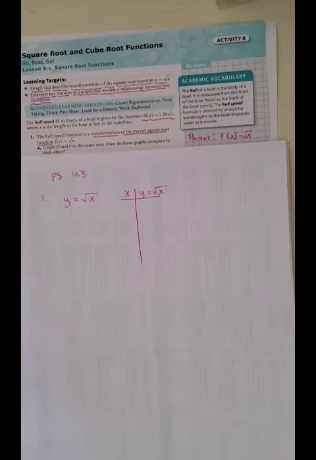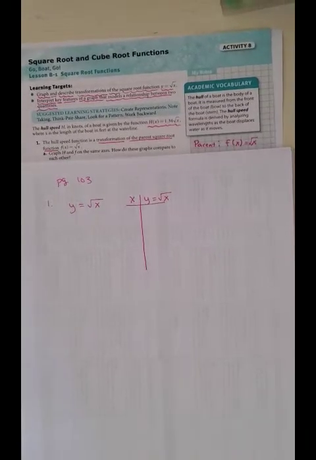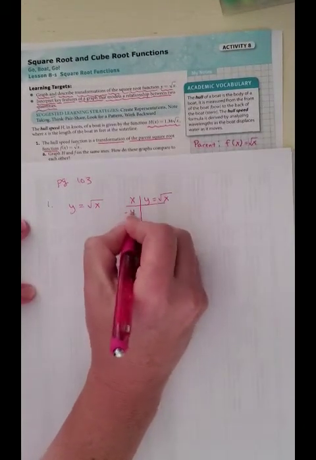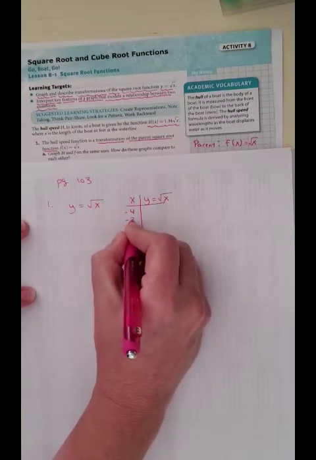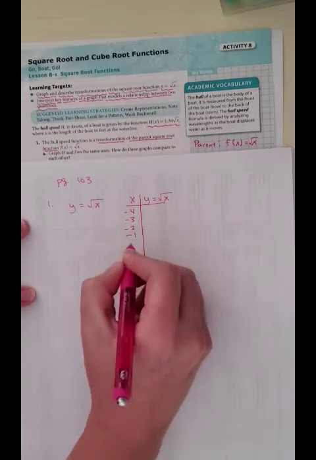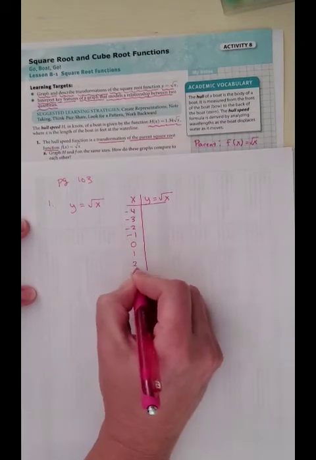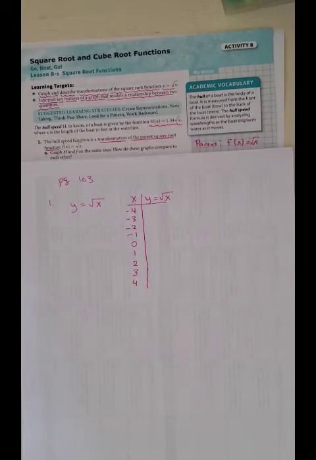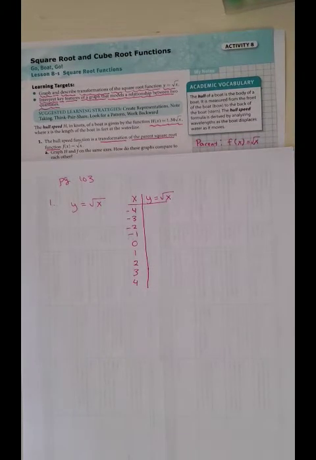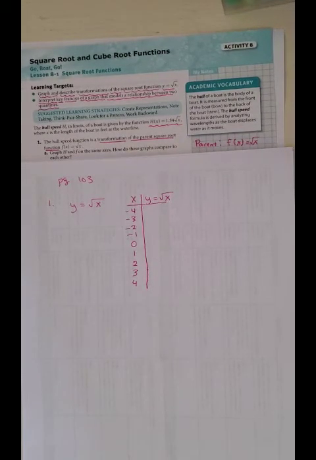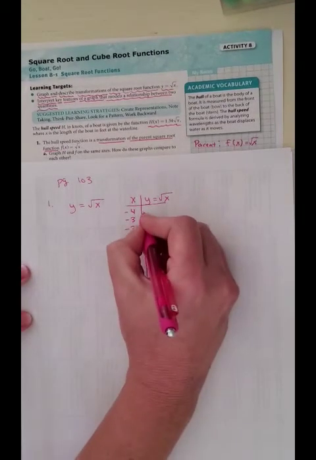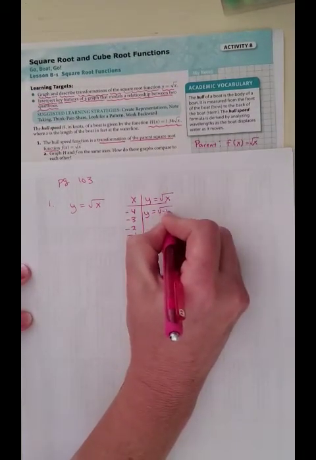Let's pick some values for x, like -4, -3, -2, -1, 0, 1, 2, 3, 4, and substitute them into our square root function. So y equals square root of -4.